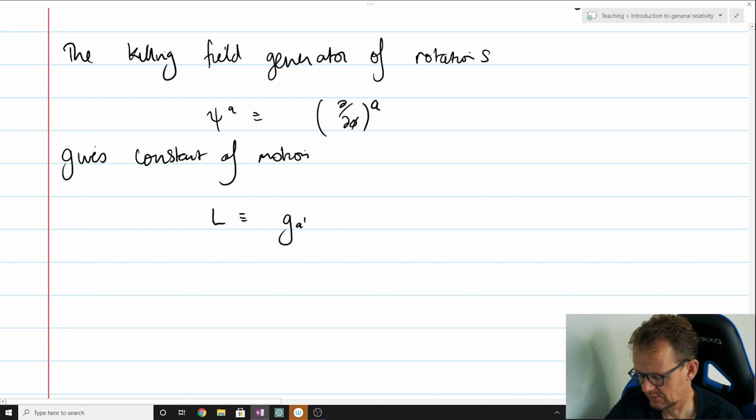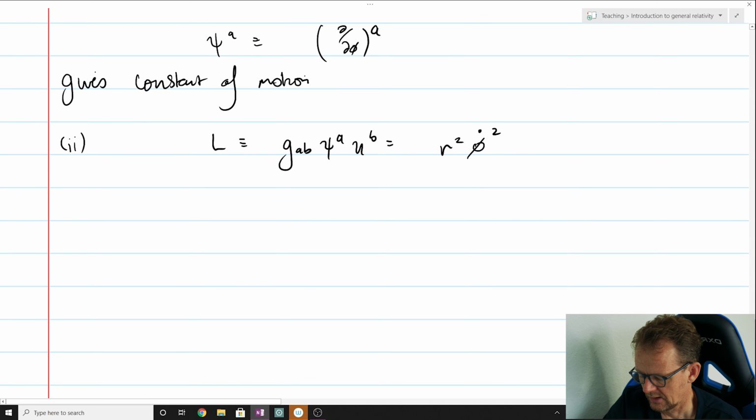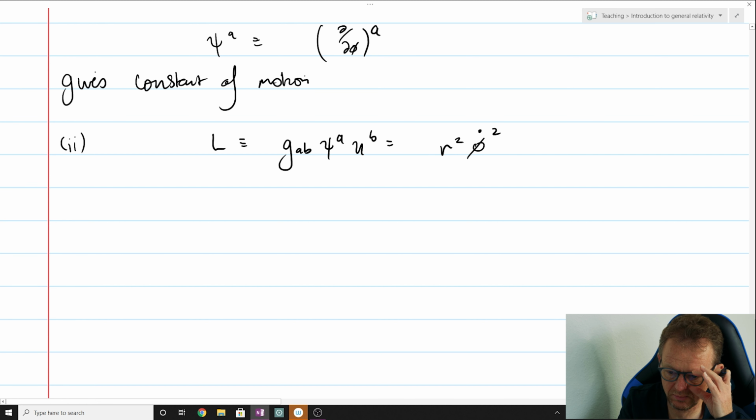We're going to call this constant of motion suggestively L, for various reasons, as we'll see. You can interpret this one really as the angular momentum per unit rest mass of a particle on the trajectory, or as the quantum angular momentum of a photon.